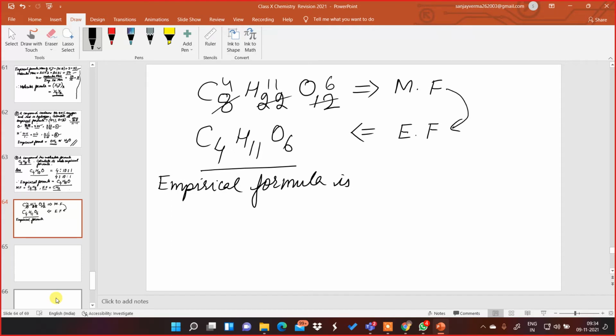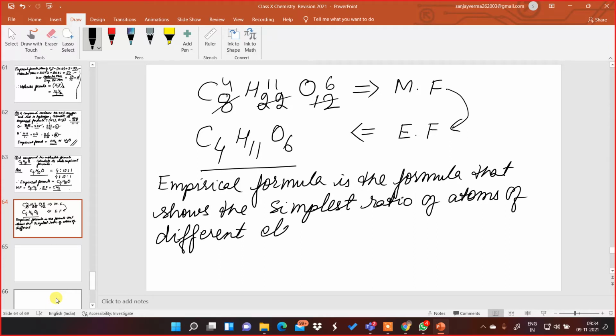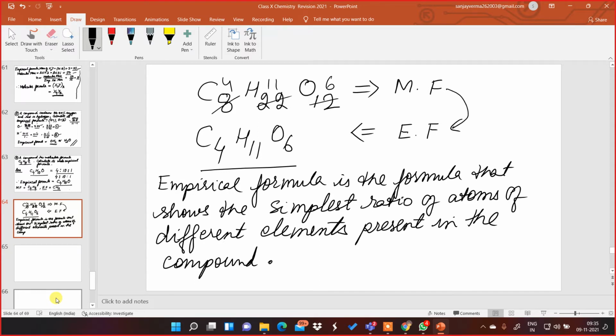Empirical formula is the formula that shows the simplest ratio of atoms of different elements present in the compound. This is the definition for empirical formula.